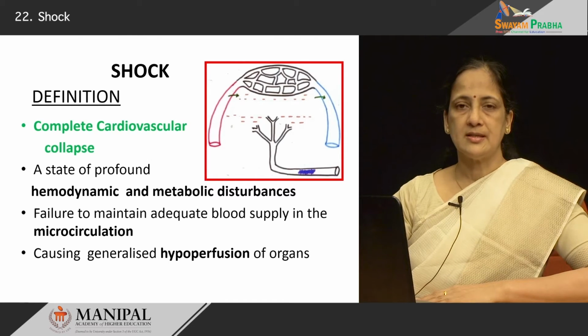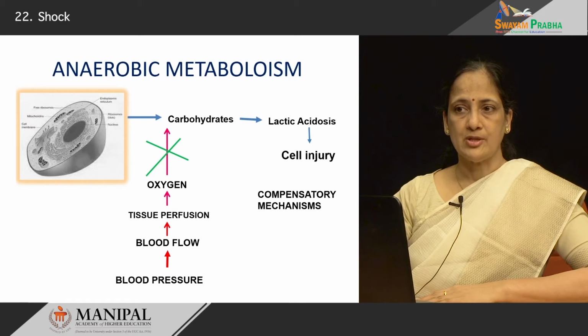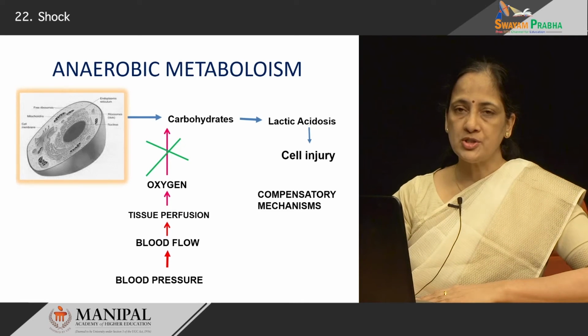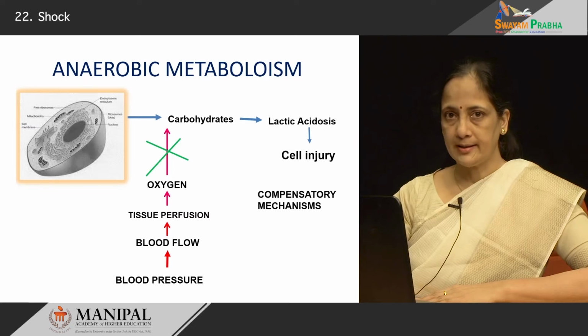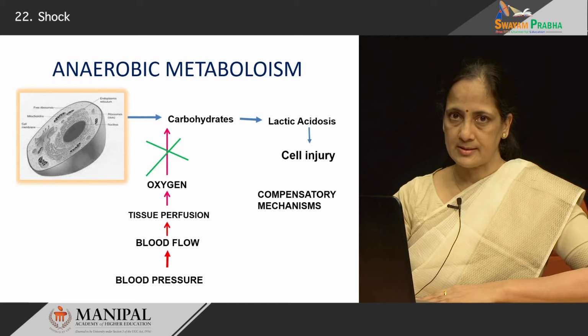This causes generalized hypoperfusion of the organs. So, what happens then? We talked about the blood flow ensuring blood tissue perfusion that ensures oxygen is supplied for glycolysis. If that is not there, lactic acidosis results and cell injury occurs.